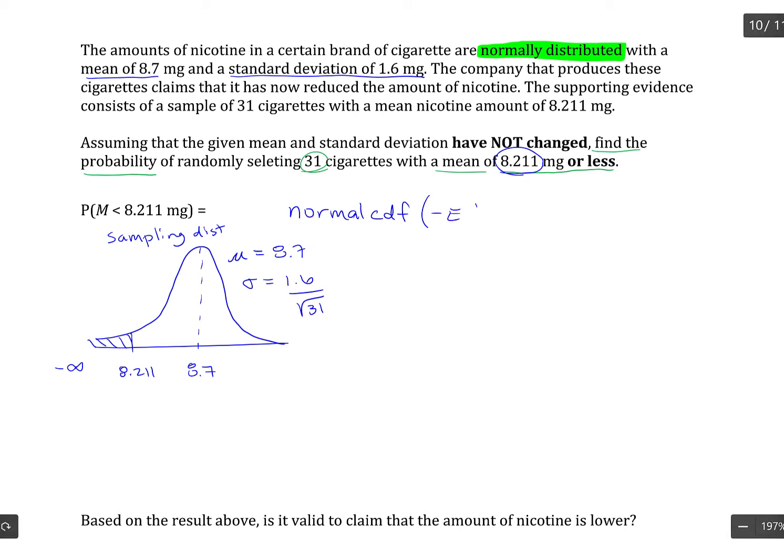So I need to go from negative infinity, which I'm going to use negative e to the 99th, so that's just negative 1 times 10 to the 99th power, so something small, and 8.211, which is the upper bound of the shaded region. The mean is 8.7, and the standard deviation is 1.6 over the square root of 31.